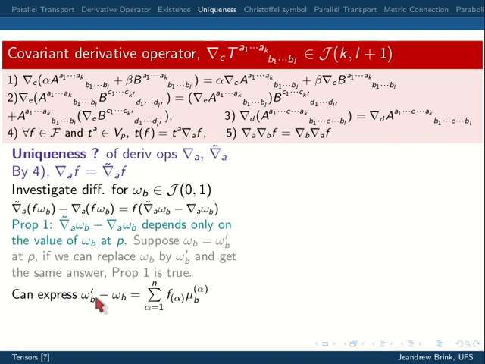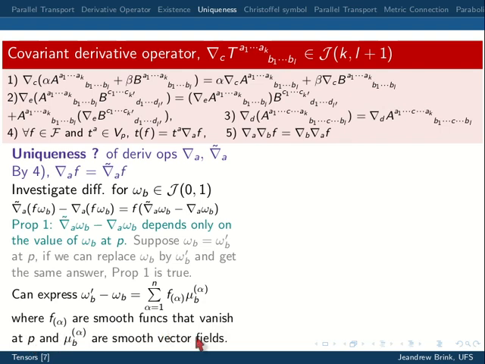Let us express the difference of these two 0-1 tensors as a sum of functions multiplied by mu b, where these functions are smooth functions that vanish at p, and mu b are smooth vector fields.